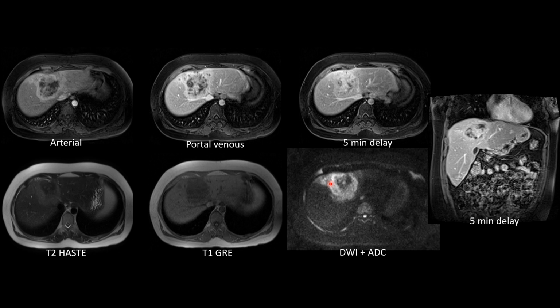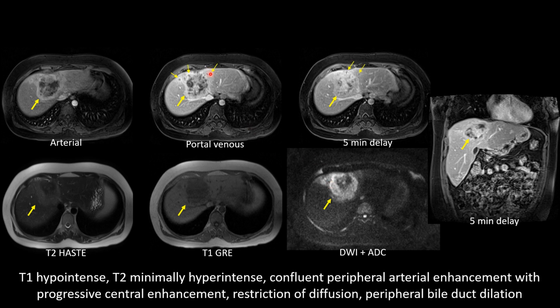If you're in the LI-RADS system, this would be a LR-M, so malignant but not necessarily hepatocellular carcinoma. One of the features that we see in this case are these small dilated peripheral bile ducts. That raises concern for cholangiocarcinoma.